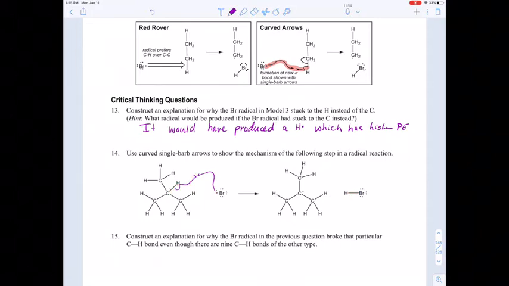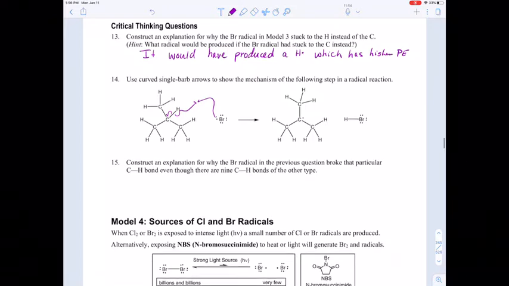That means we have one electron left, and that's going to form a new radical right here. So the big difference: single barbed arrows with radical reactions are not going to move pairs of electrons like we've been used to so far.